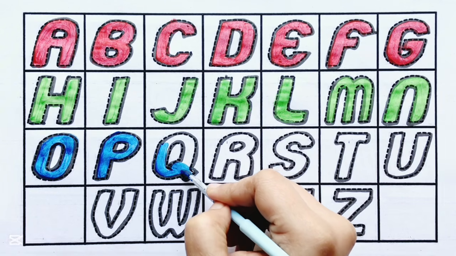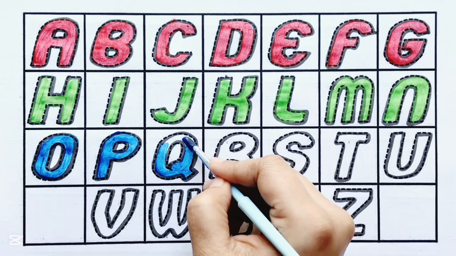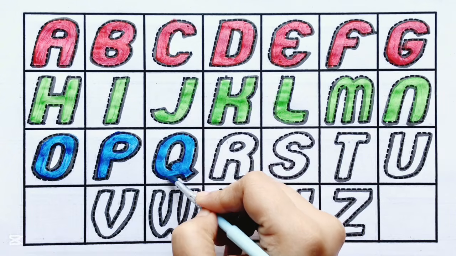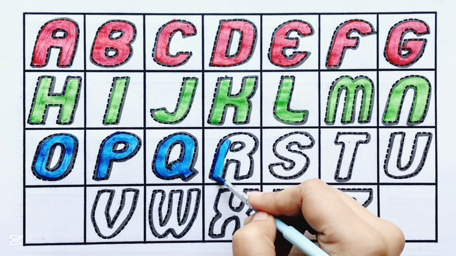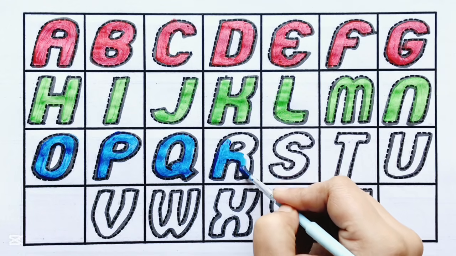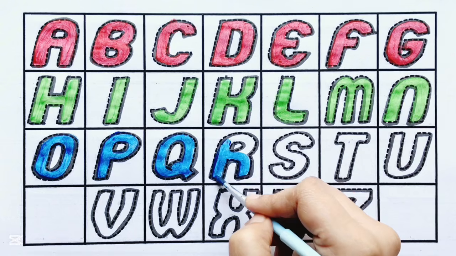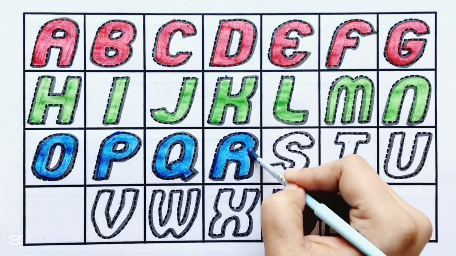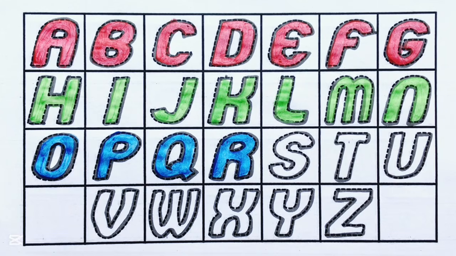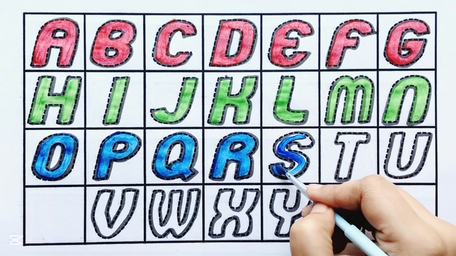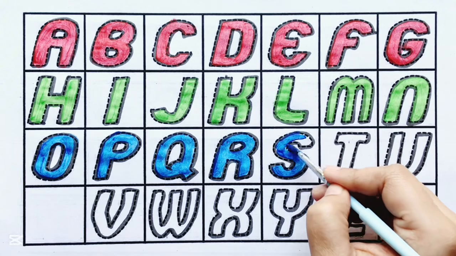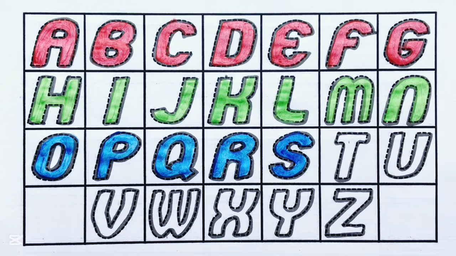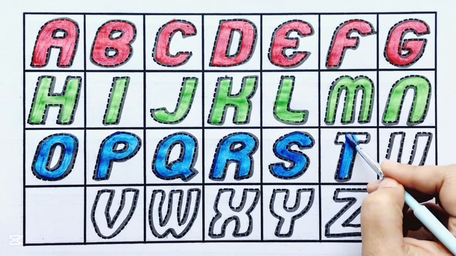Q for coin. R for rainbow. S for snow. T for tiger.